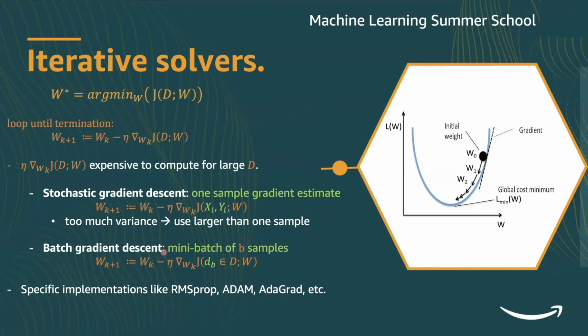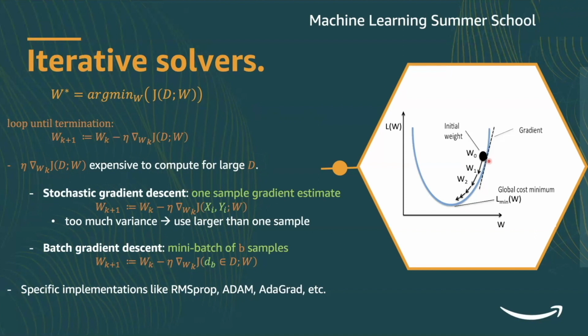While this is what gradient descent is, and it's a workhorse over which a lot of algorithms run. If you have a very large data set, your training data is really large, it has, let's say, hundreds of millions of samples, this function can be very expensive to compute. So what they have done is, rather than compute this full gradient, they said, can I get an estimate of the gradient?